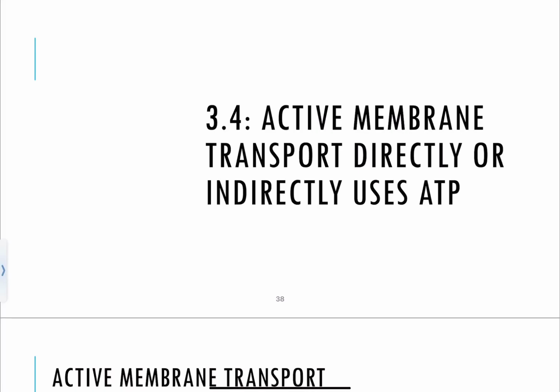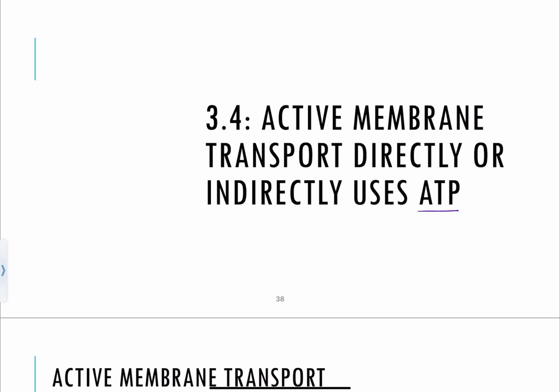Okay, so now let's move on to active transport, which is going to require either directly or indirectly some sort of energy source. For the sake of AMP1, our energy source is going to be ATP, or adenosine triphosphate. So everything that we talked about previously, so simple diffusion, the two types of facilitated diffusion and osmosis, the molecules or the water are moving down their concentration gradient, and they do not require any sort of energy.